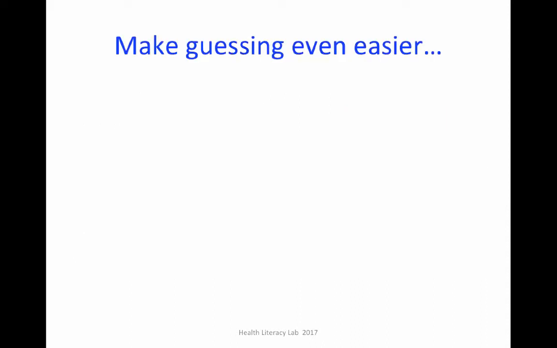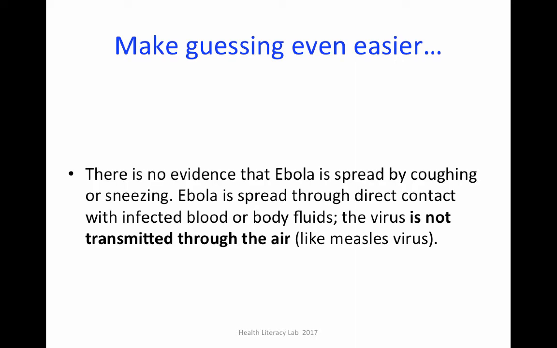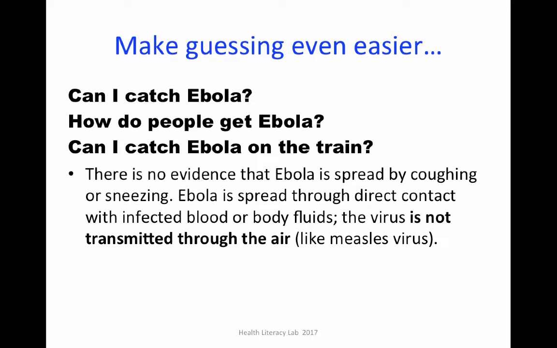And if you wanted to imagine making it even easier, you could add a title. Can I catch Ebola? How do people get Ebola? Can I catch Ebola on the train? Any one of these titles using the word catch sets the reader up for a schema, or a story, about catching the disease.